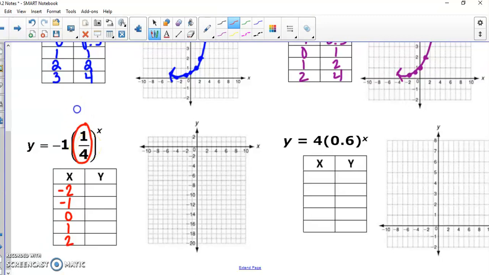Or you could just write it as a decimal, 0.25, when you go to plug it in. That might be easier. So go ahead and punch those in, see if you get the same things I do for each of these. And then once you've got all your points, you can go ahead and graph them.